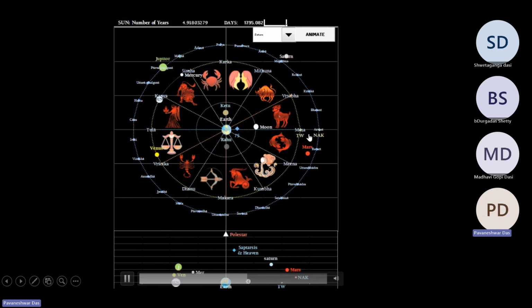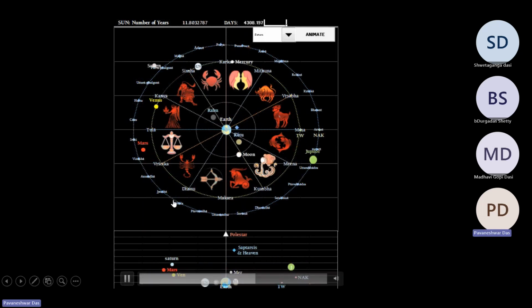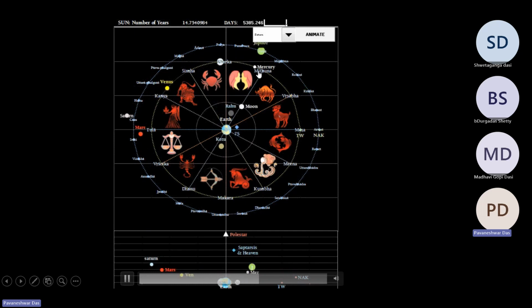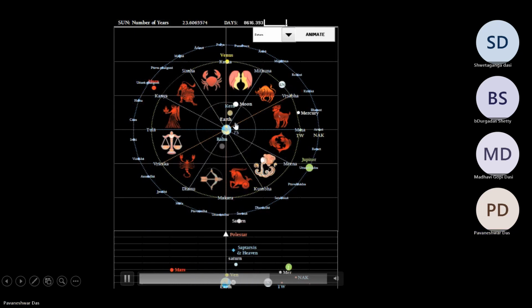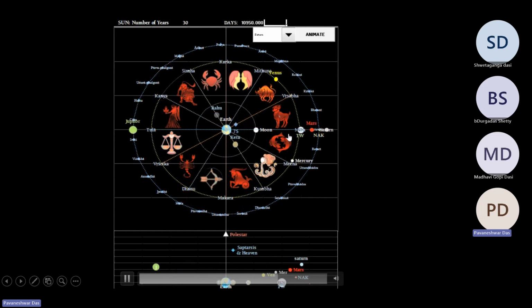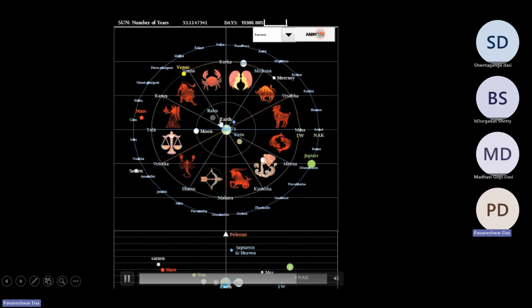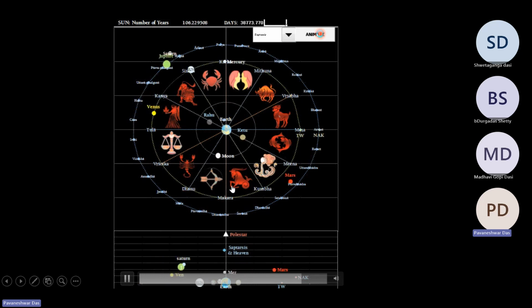So in 30 years, as the sun is going around again and again, 30 times, the Saptarishi Mandal goes from one Rashi to another Rashi. Moving from one Rashi to another is like 1 month. Previously we saw the sun moving from Mesha to Rishabha is 1 month. Similarly, the Saptarishi Mandal moving from one Rashi to another is 1 month. And similarly, the Saptarishi moving through all 12 Rashis is 1 year.